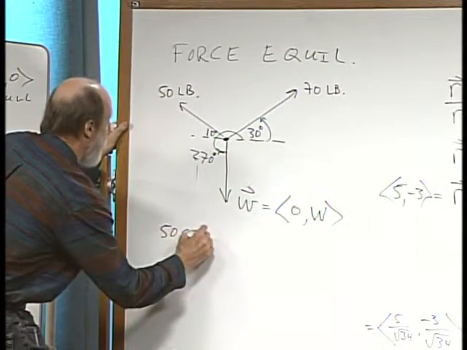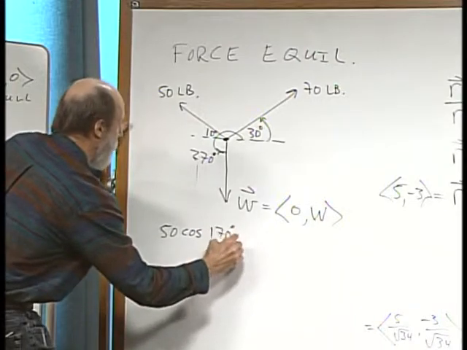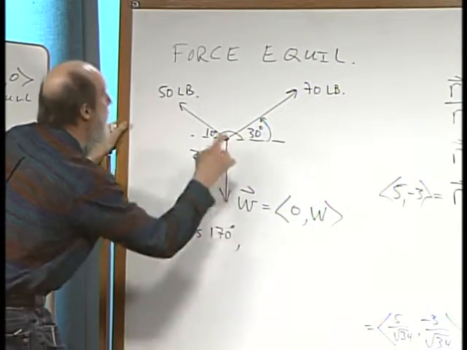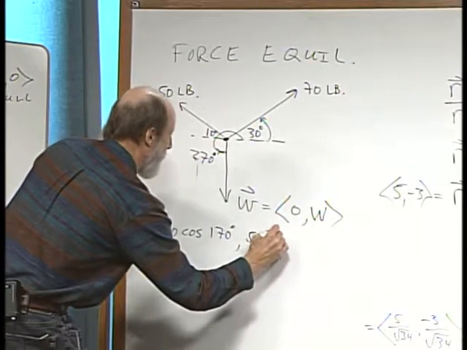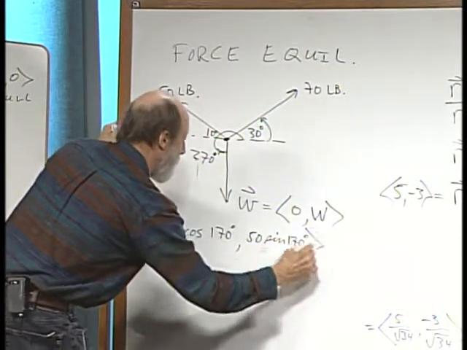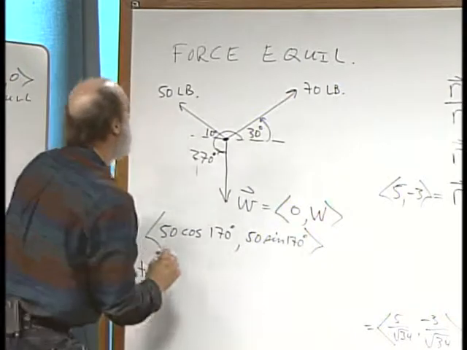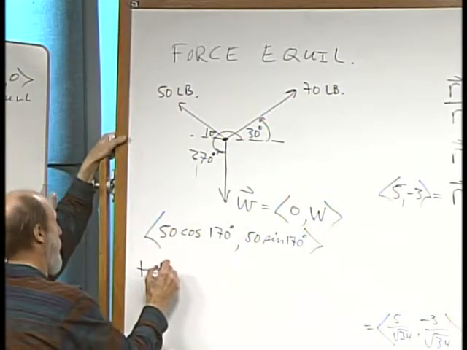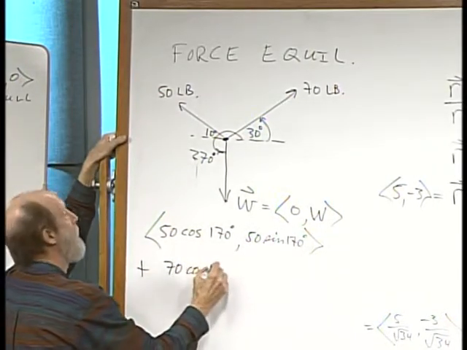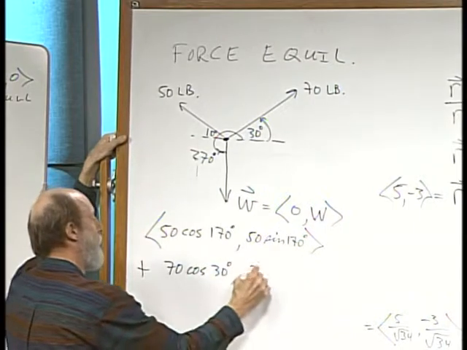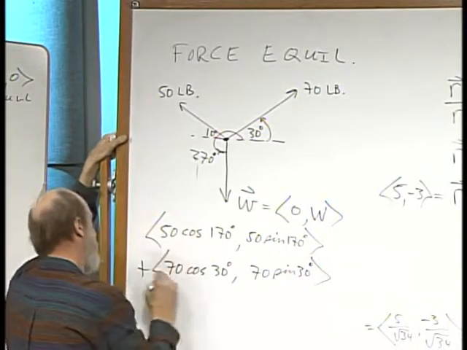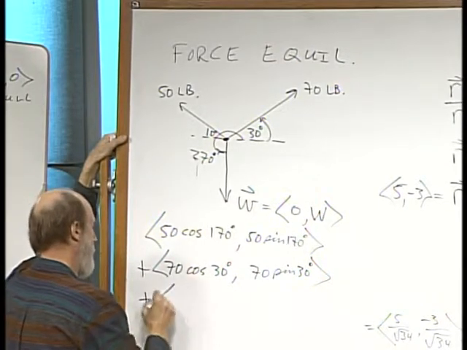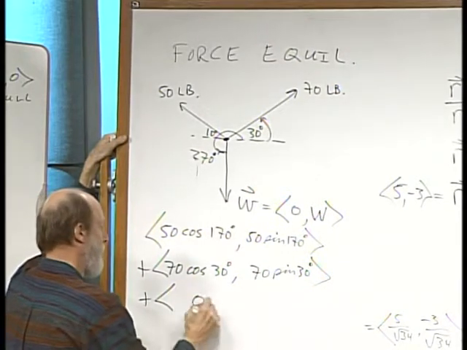50 cosine of 170 degrees, and the y part of that is 50 sine 170 degrees, and I'm adding to it 70 cosine of 30 degrees, 70 sine of 30 degrees, and I'm adding to that what I need for equilibrium.